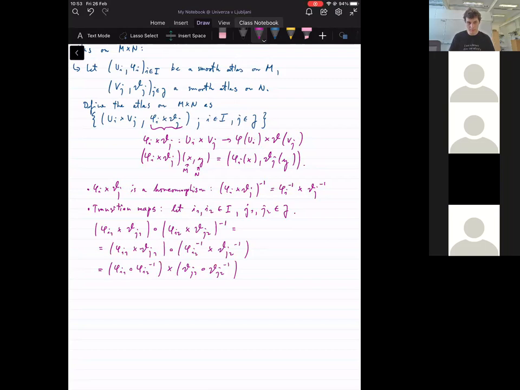So the fact that transition maps are diffeomorphisms follows from the fact that transition maps in each manifold are diffeomorphisms.